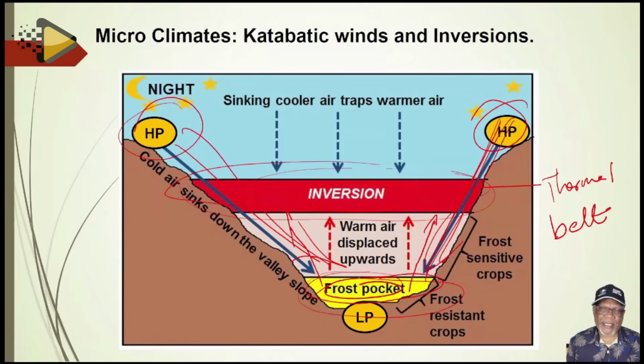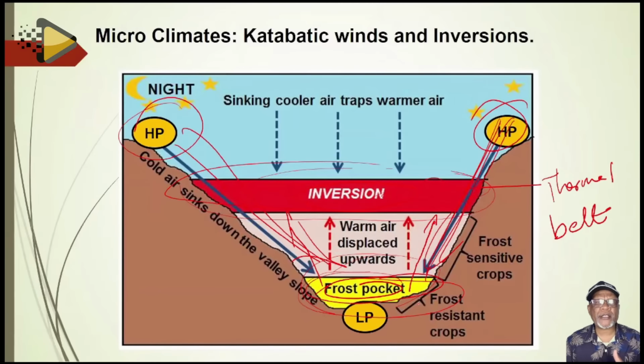But at night, this warm air, in the early hours of the morning, is in contact with this cooler surface.